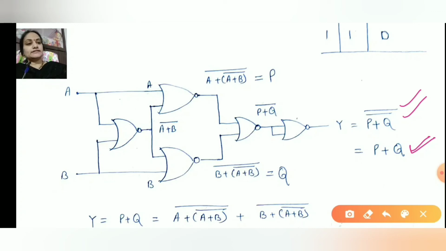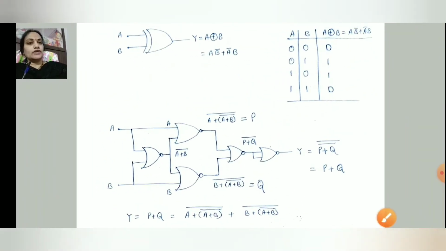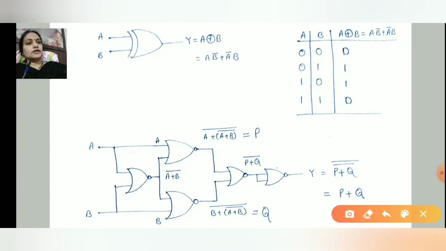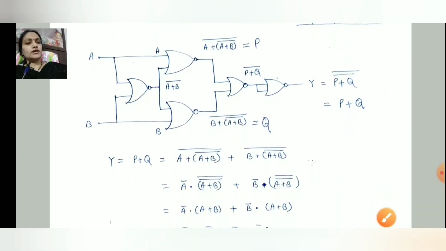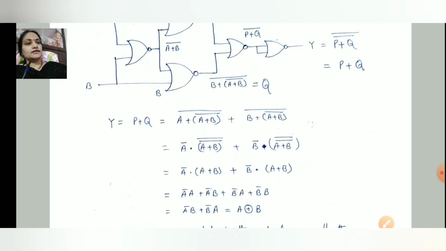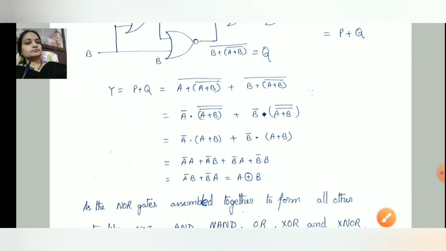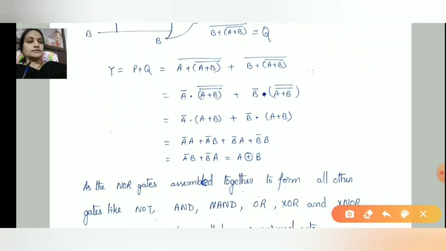So you may ask now, madam, we have to derive A XOR B, but we got p plus q here. Then how is it satisfied? So now we have to simplify this expression p plus q by substituting these values of p and q.